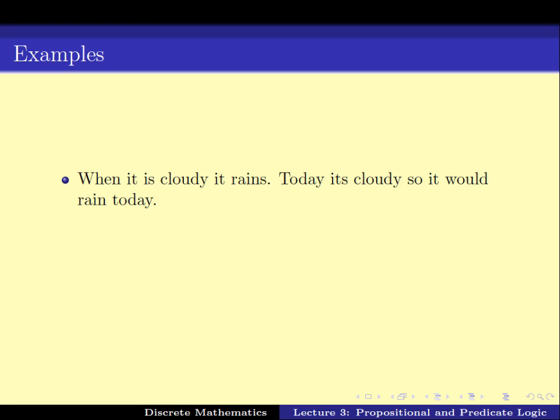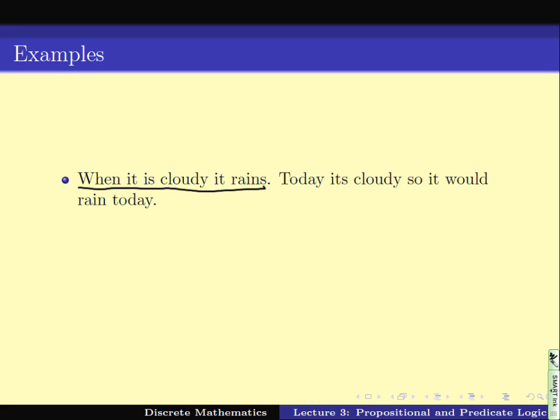Now, what are the set of assumptions? In this statement, the sentence, when it is cloudy, it rains, and the sentence, today it's cloudy, are both part of the assumption. And what's the deduction? The deduction is it would rain today.